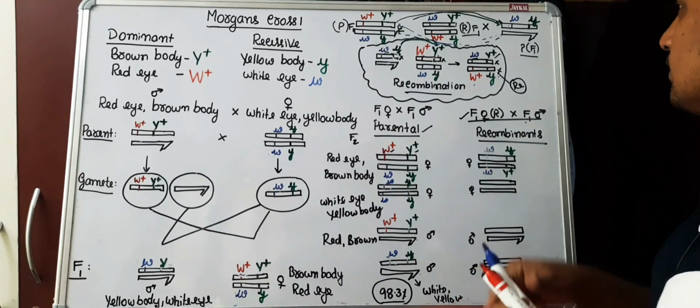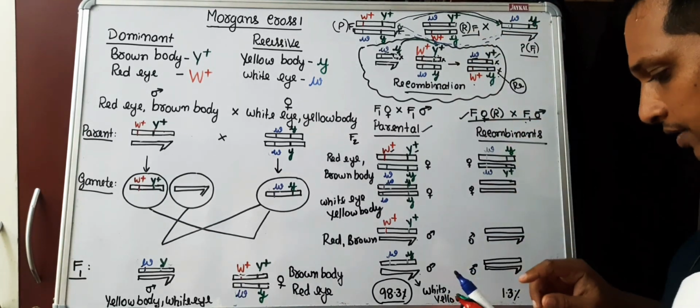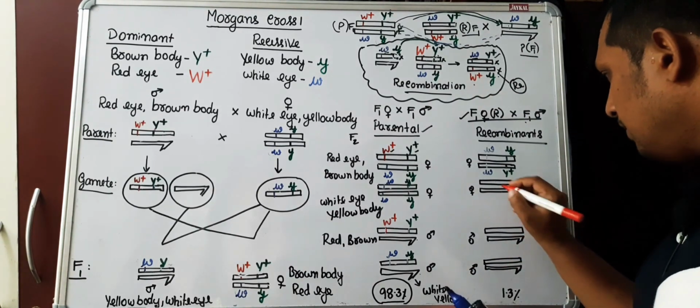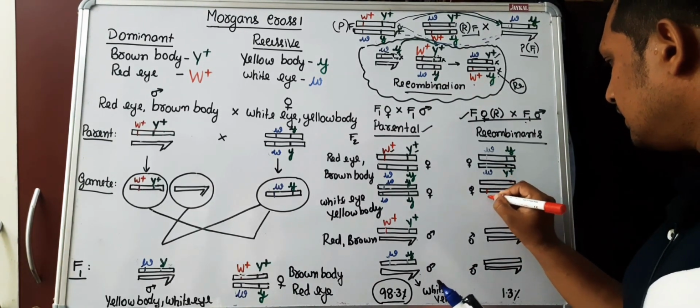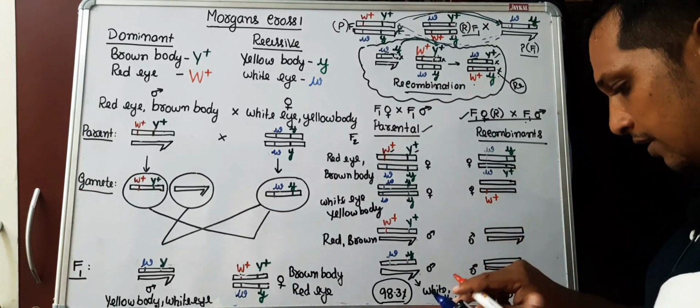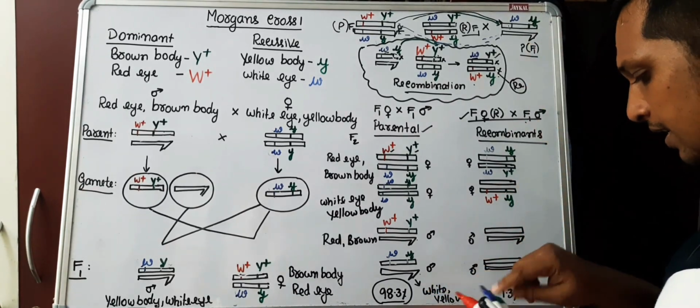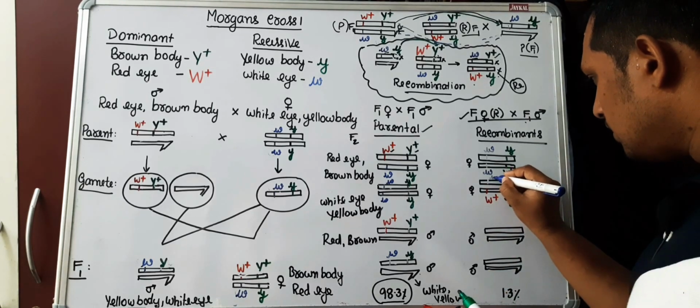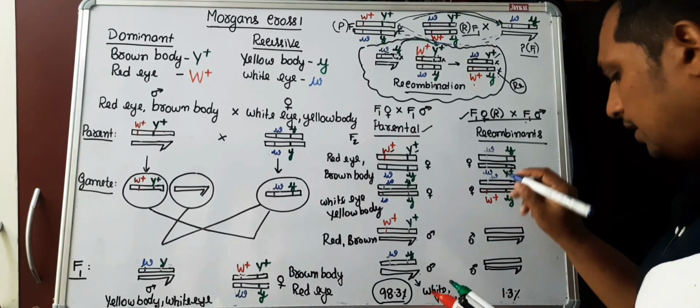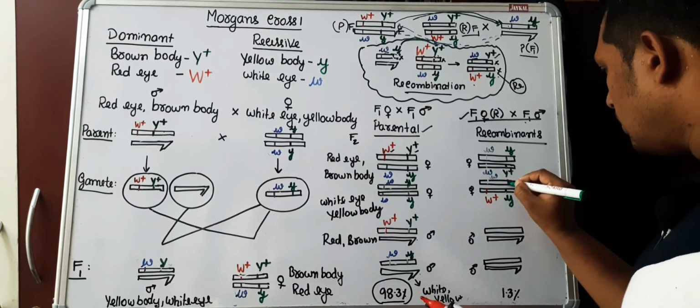Next, second X into second X of female. It is female having w plus. First I have written female now. Another small y. Male is having small w and small y.